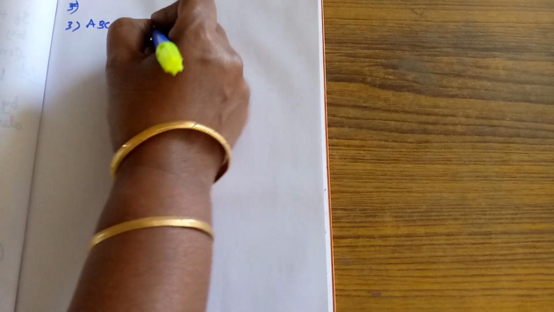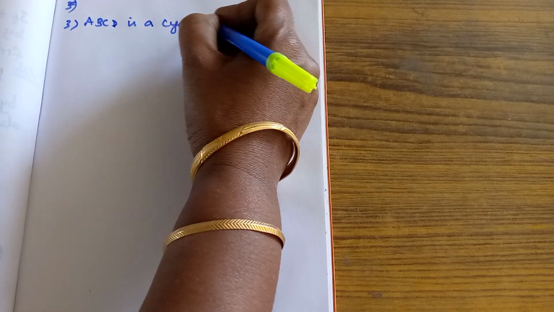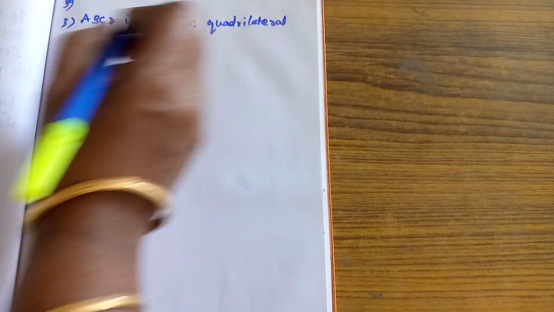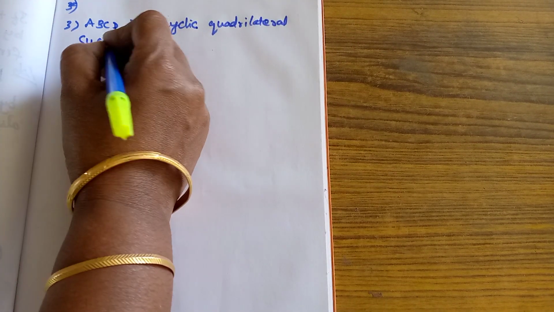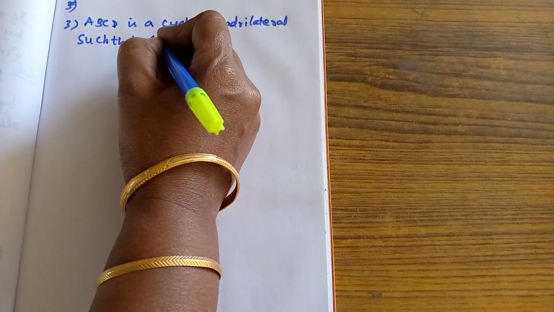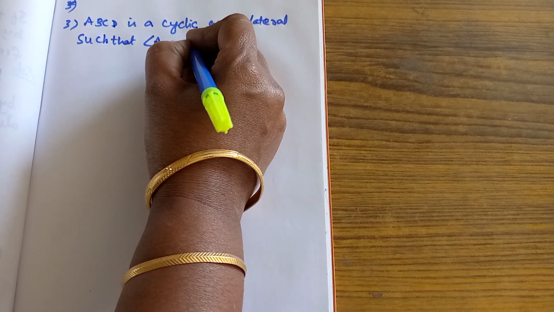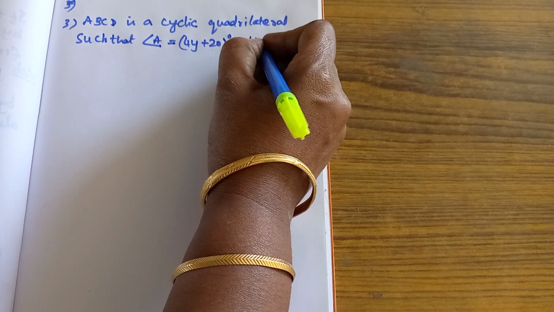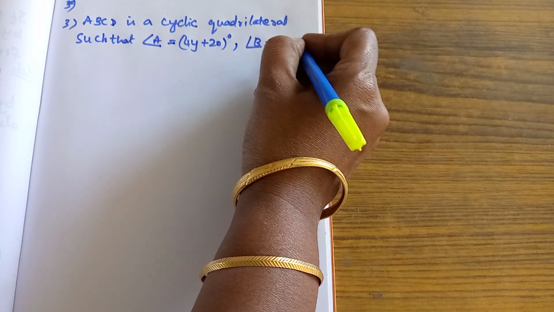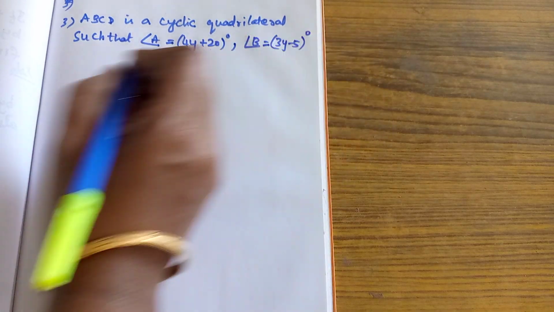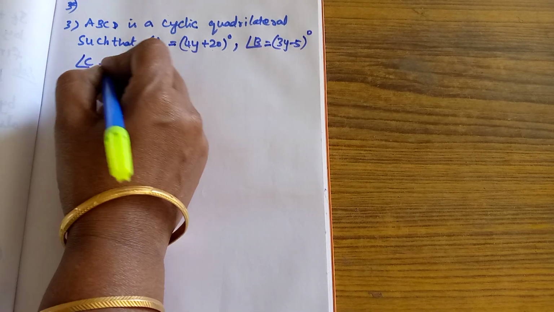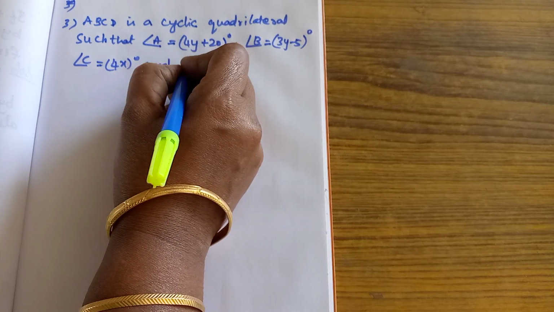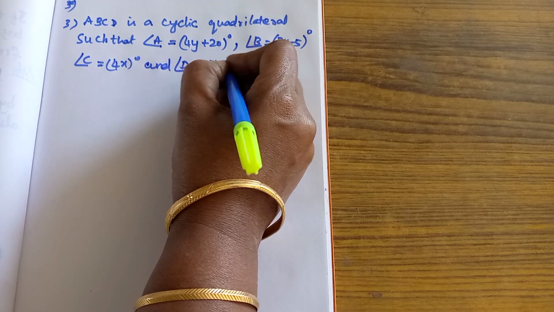ABCD is a cyclic quadrilateral such that angle A is equal to 4y plus 20 degrees, angle B is equal to 3y minus 5 degrees, angle C is equal to 4x degrees, and angle D is equal to 7x plus 5 degrees.